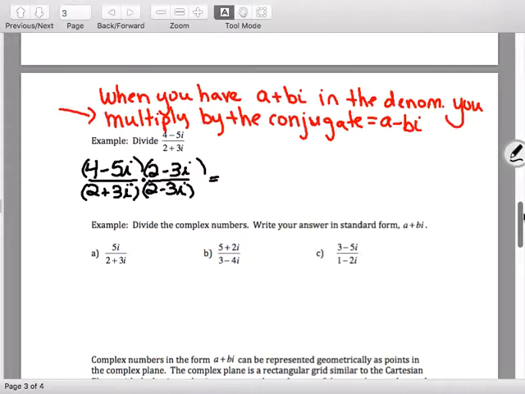So I'm going to pause, and I want you to FOIL up in the top. When you are done foiling, make sure you simplify it. i squared is negative 1, and combine like terms. FOIL in the denominator, combine like terms. And then I'll work it out in just a quick moment.